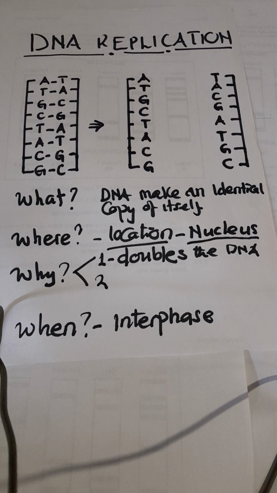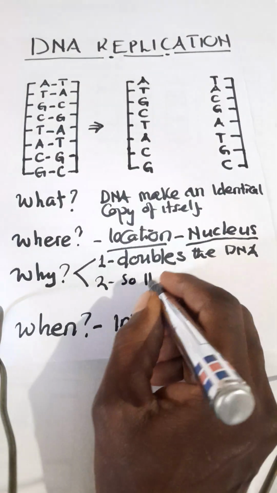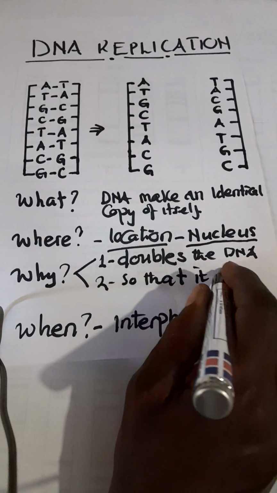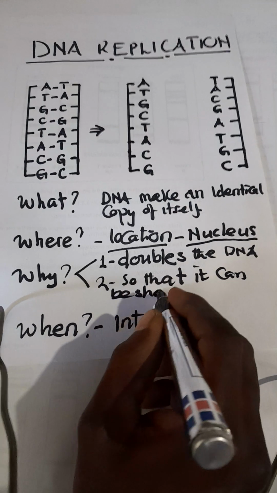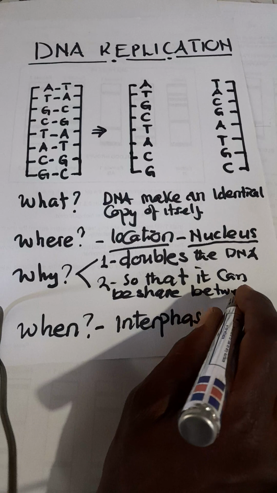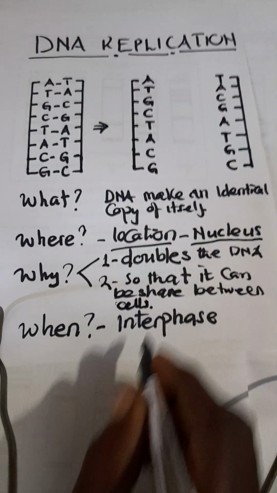So the DNA that has been doubled, it is doubled so that it can be shared between resulting cells, between resulting daughter cells.